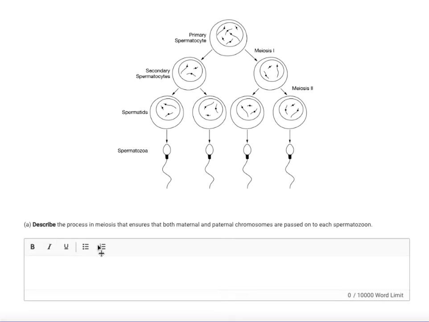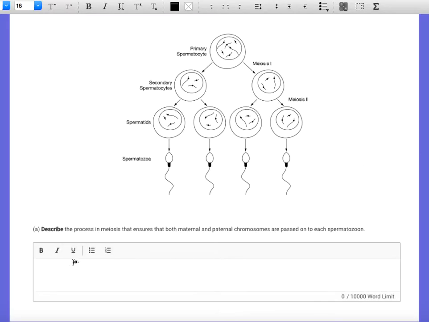Describe the process of meiosis that ensures both maternal and paternal chromosomes are passed on to each spermatozoan. Great. That is going to be our law of independent assortment. We did a lot of stuff with this in class. And that just means that in metaphase 1 of meiosis, chromosomes line up independently of one another.